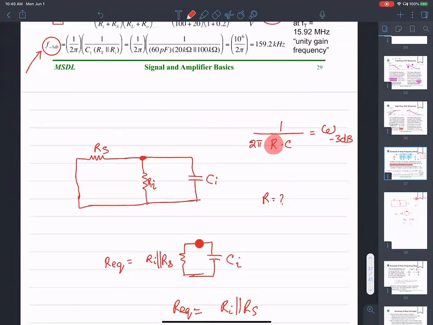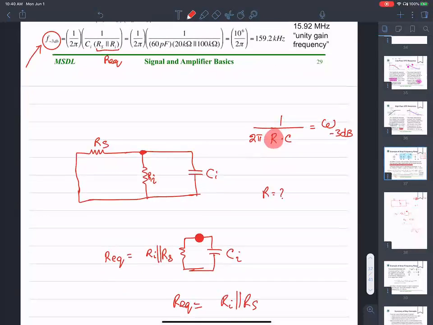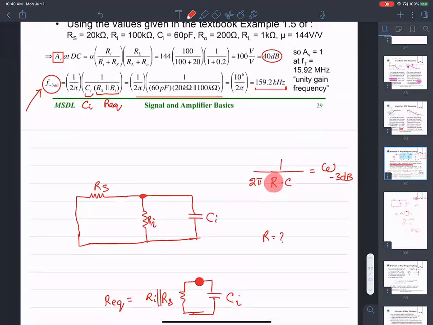And that's exactly what we see here. This is Rs in parallel with Ri, which is the R equivalent, and then there is the Ci. So you plug that into your calculator, you get this number, 159.2 kilohertz. Does that make sense?